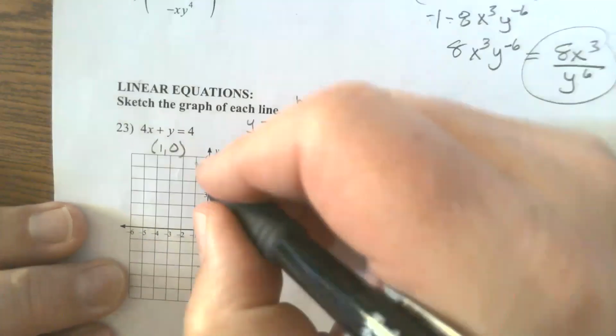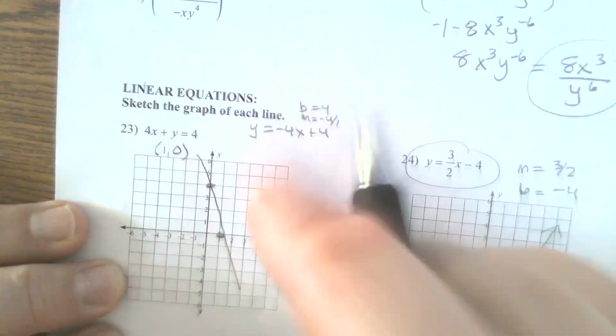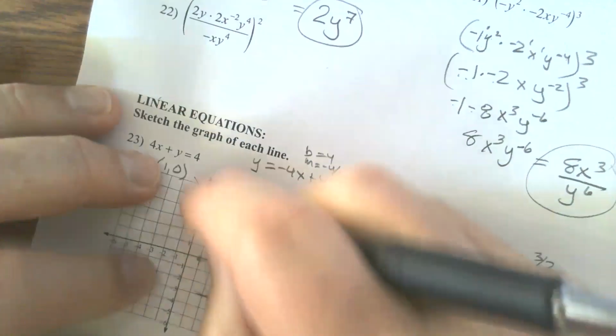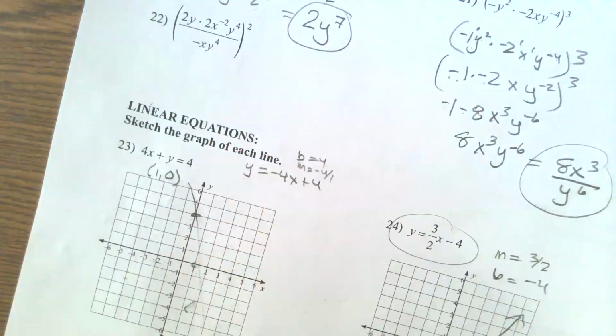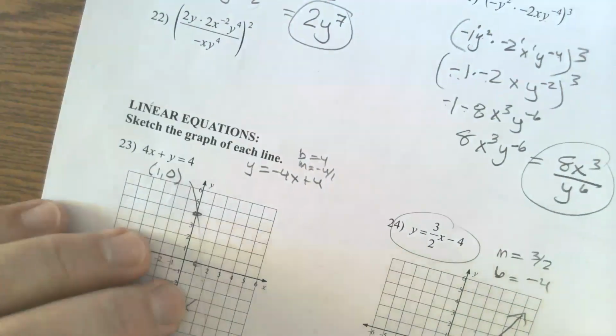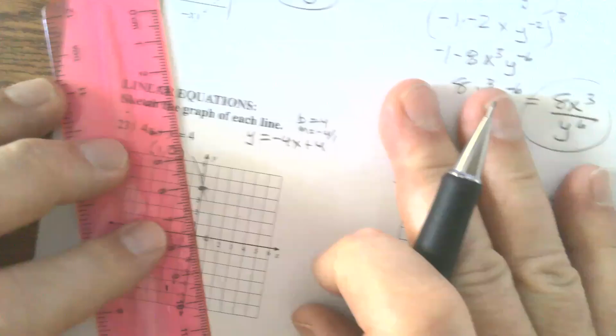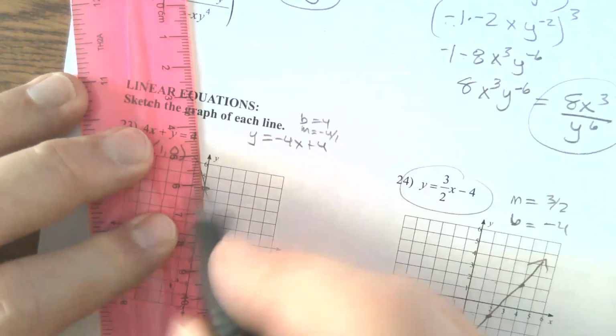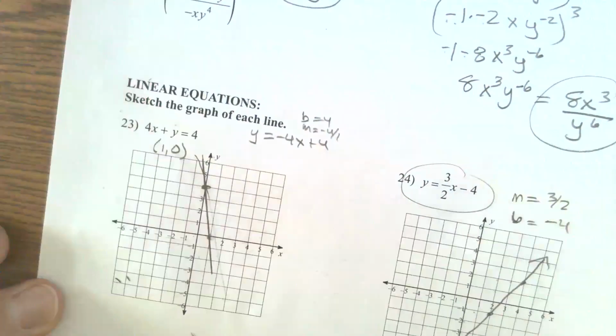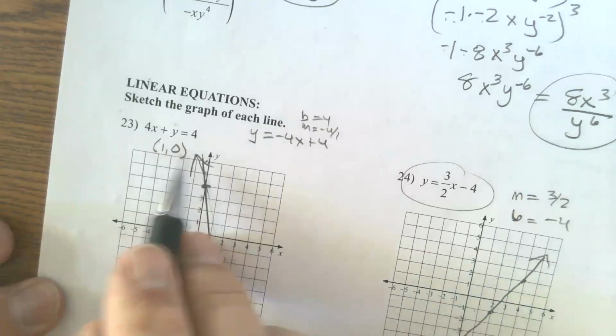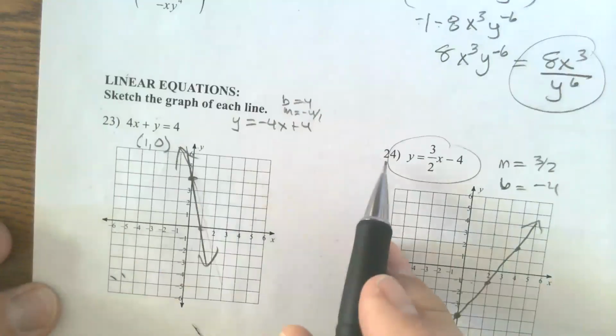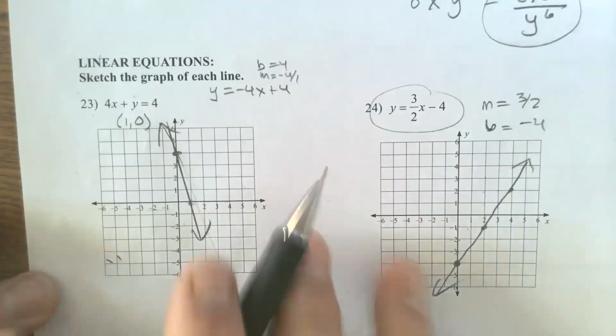So these two coordinates I can connect. It's a really bad drawing. And that would be my graph of 4x plus y equals 4. Notice I've got arrows on the end to show that it goes on forever.